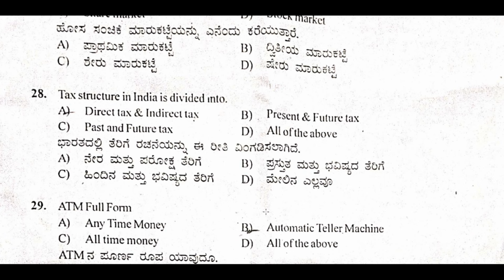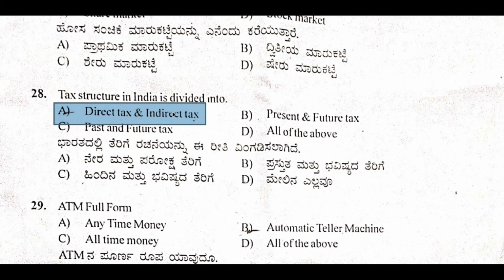The tax structure in India is divided into two categories, that is direct tax and indirect tax. We pay direct taxes and indirect taxes. While direct taxes are levied on taxable income earned by individuals and corporate entities, the burden to deposit taxes is on the assessees themselves. So direct tax and indirect tax are the tax structures in India.